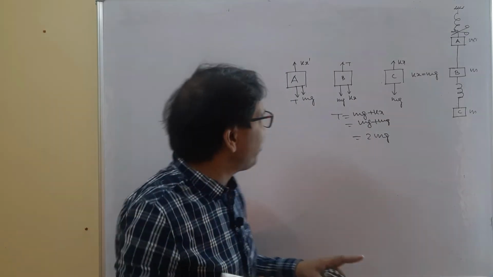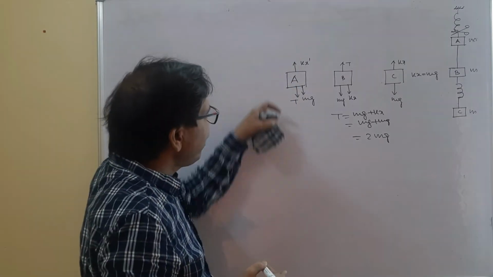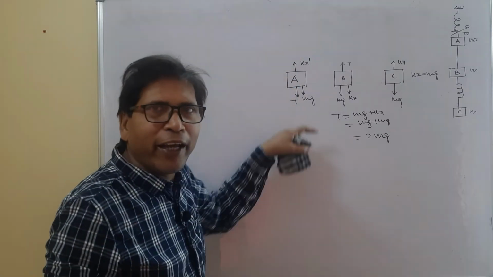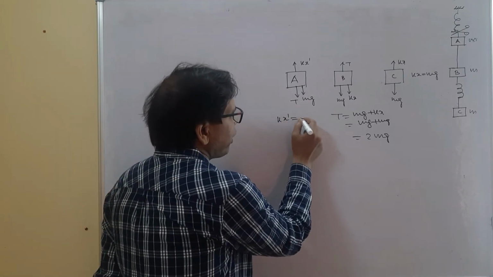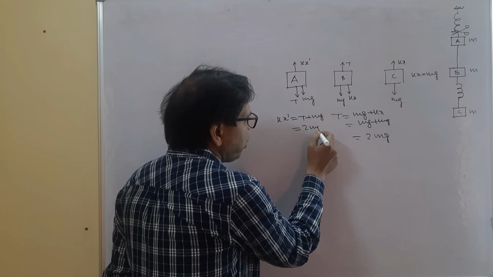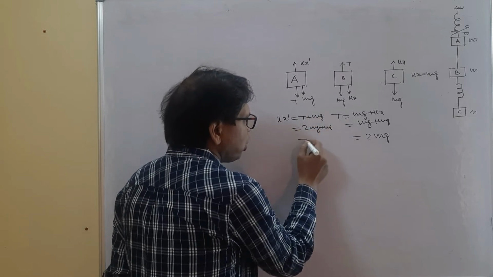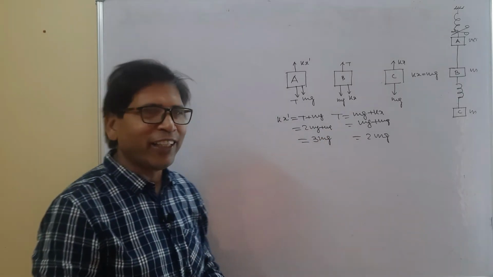Understood? Now next, here spring force kx dash acts upward, tension downward, mg downward. So kx dash equals T plus mg, which is 2mg plus mg, so this is 3mg.